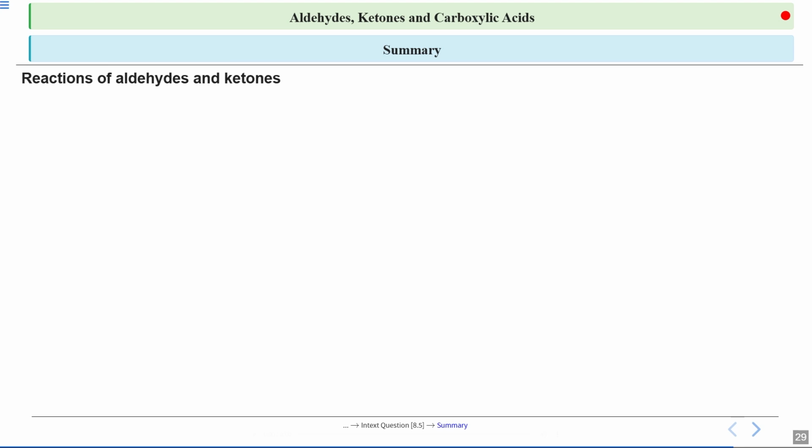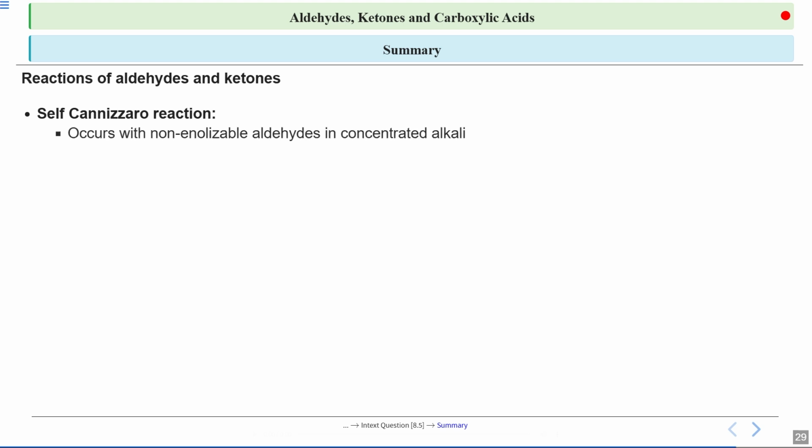So now let's conclude with the summary. The major concepts which we have discussed today: we talked about the self-Cannizzaro reaction. This reaction involves aldehydes that do not have enolizable hydrogens, and occurs in the presence of concentrated alkali. The reaction occurs with non-enolizable aldehydes, which means the aldehydes do not have alpha hydrogen.